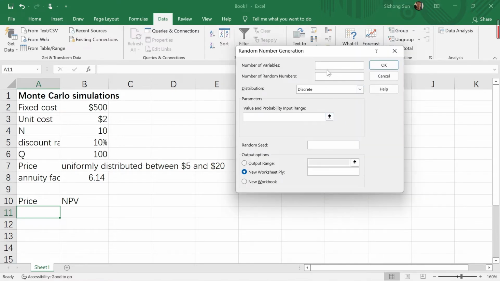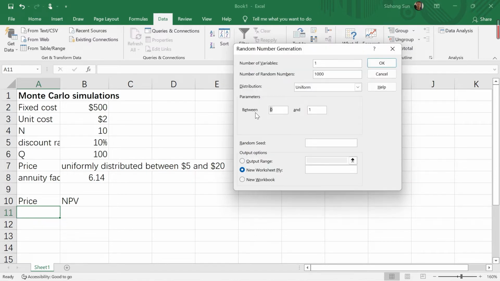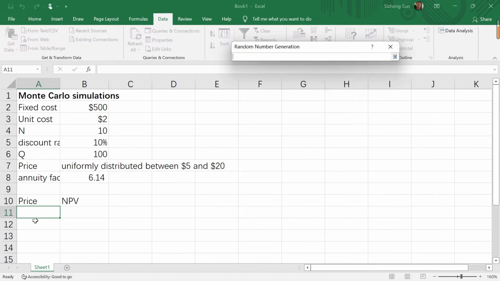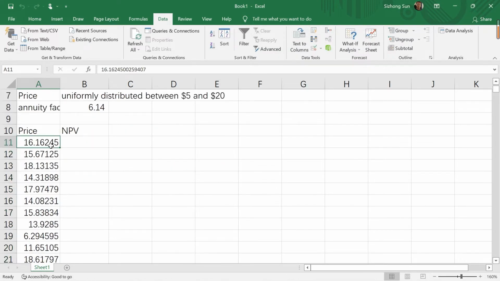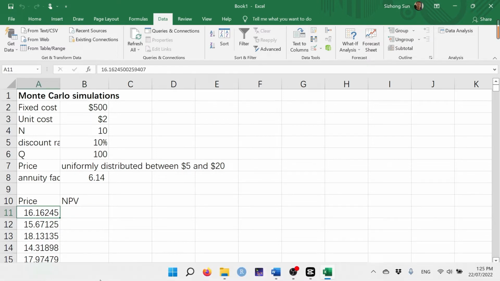I'm going to generate only one variable, which is price, and I'm going to generate 1,000 of these prices from a uniform distribution between 5 and 20. Output the results starting from this cell. Okay, so that's the possible prices. For example, the first draw would be $16.16 something.